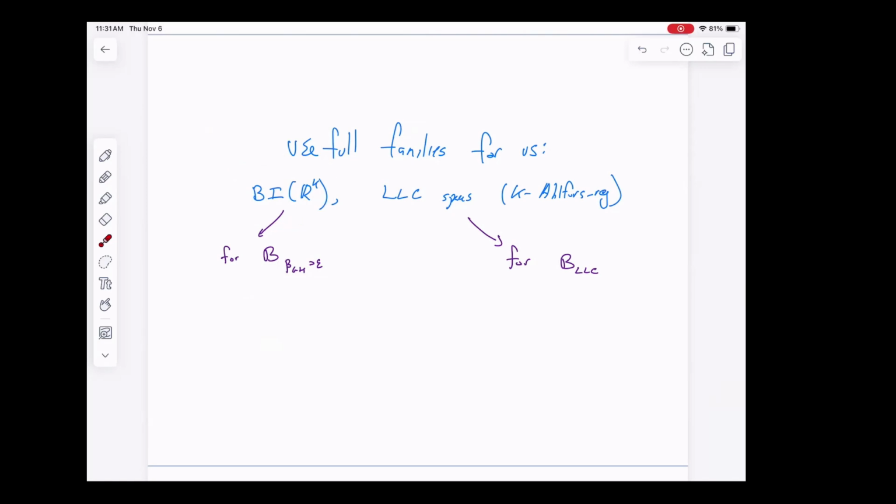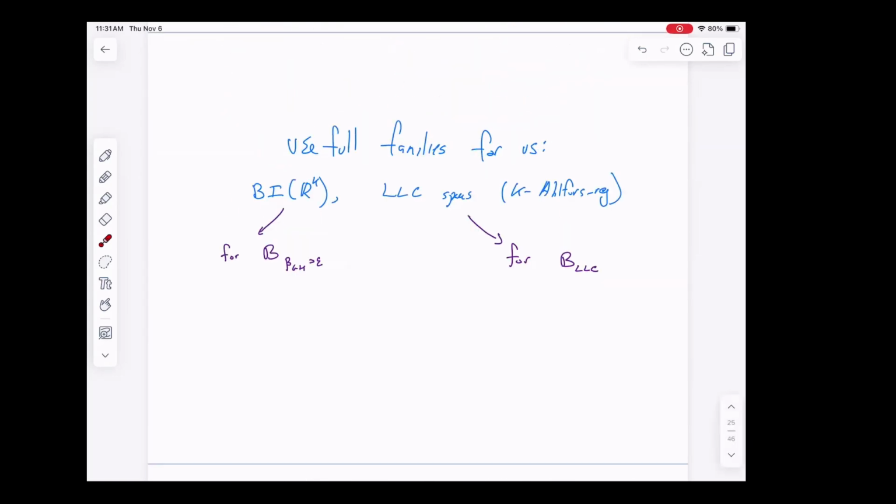For today, a useful family is going to be LLC spaces. And specifically LLC spaces, because by Guy David's theorem, we have that those are uniformly rectifiable. Of course, with underlying topological assumptions, but we have those because we're in a plane.